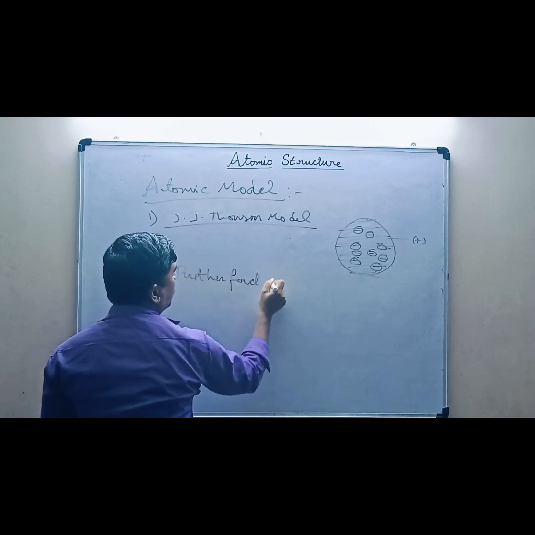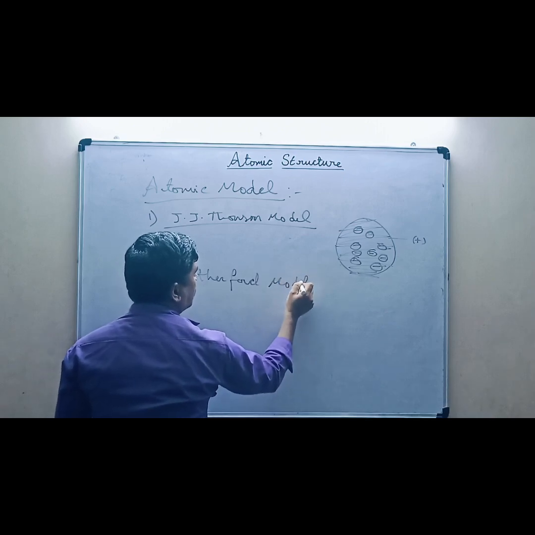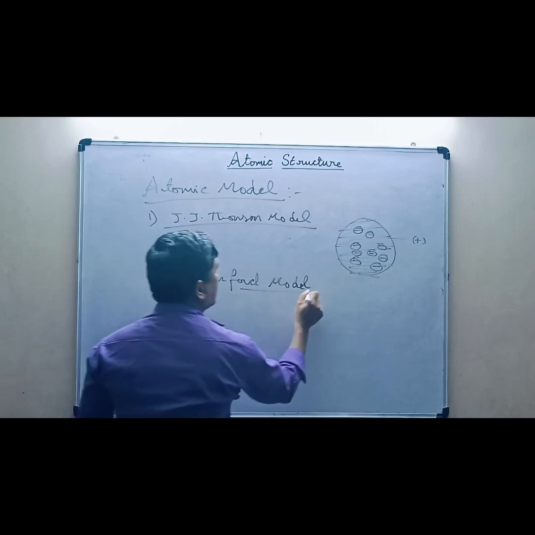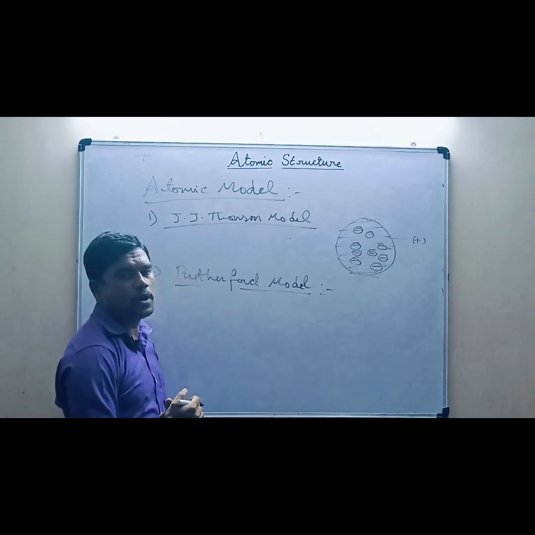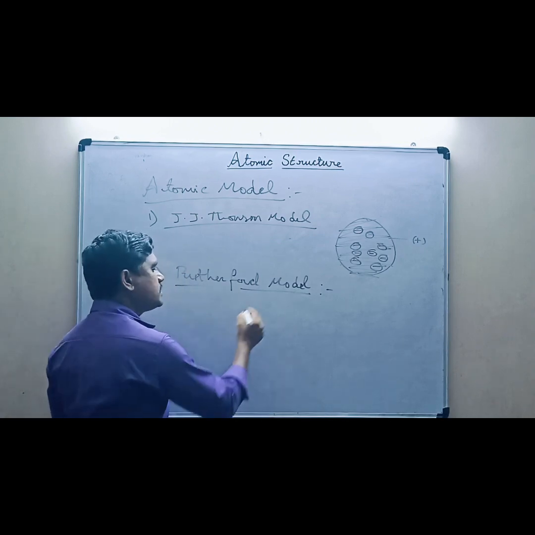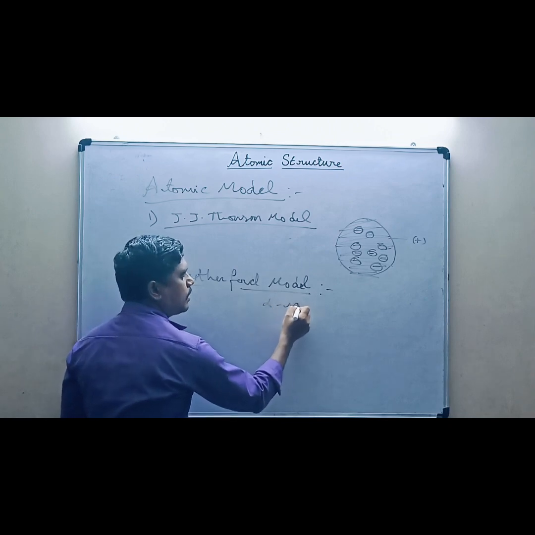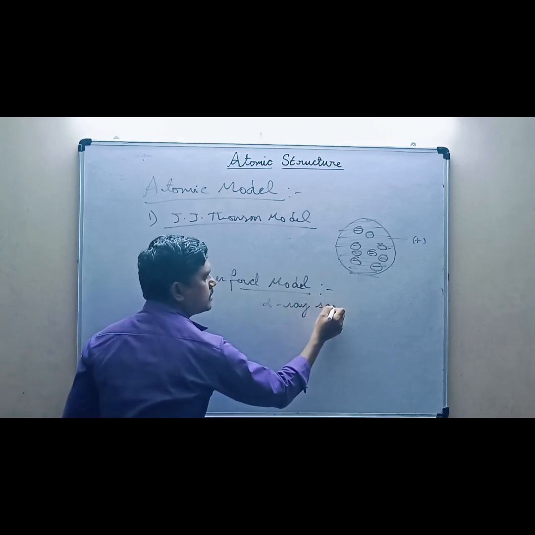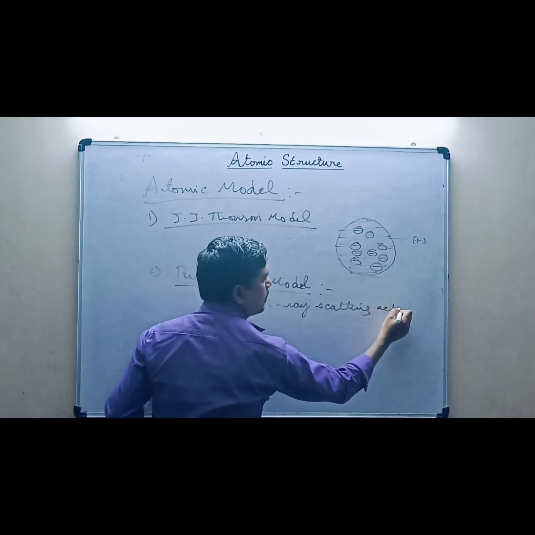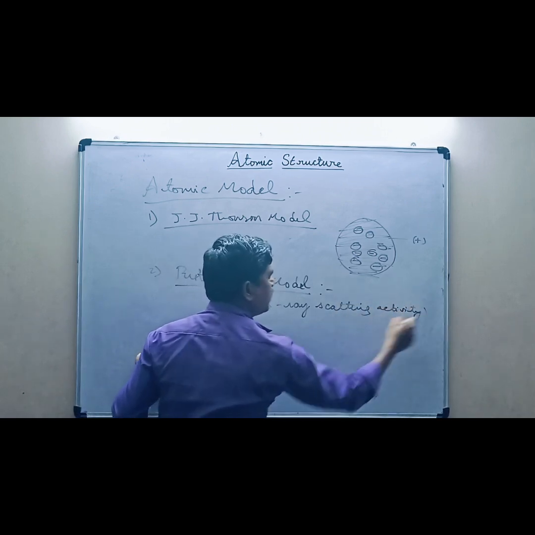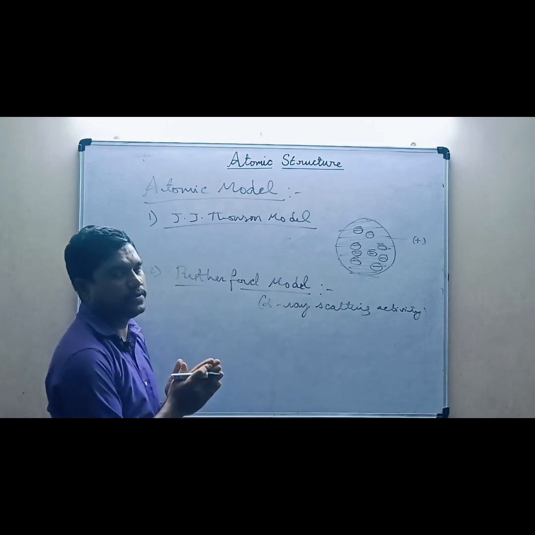The Rutherford model of an atom. He gave this model based on an activity, which we call the alpha ray scattering activity or experiment, right? So what is this activity?